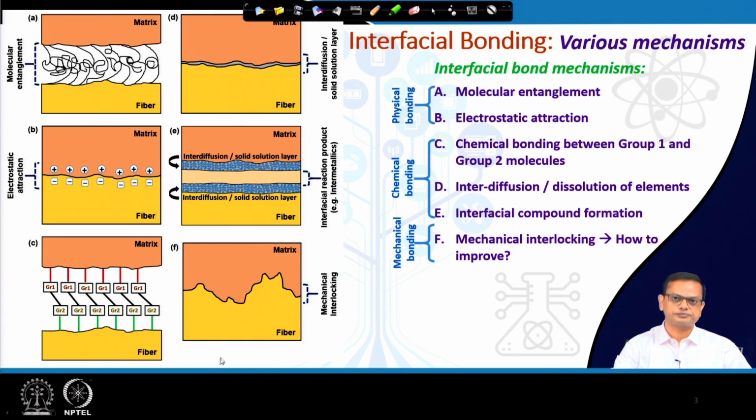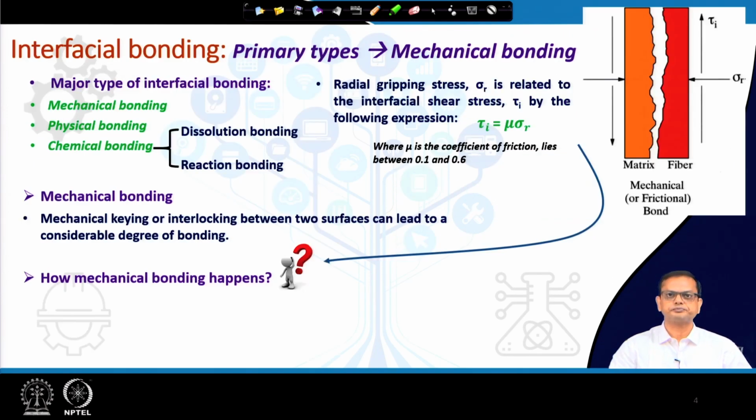And finally, we have mechanical bonding also, where there is no chemical bonding, no chemical dissolution, or possibly no physical bonding as well, but just mechanical bonding. We will discuss these different kinds of bonding in a little more detail in the next few minutes.